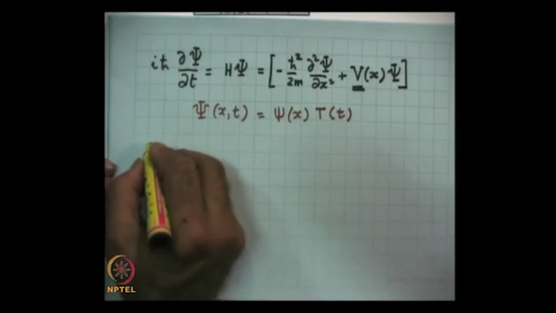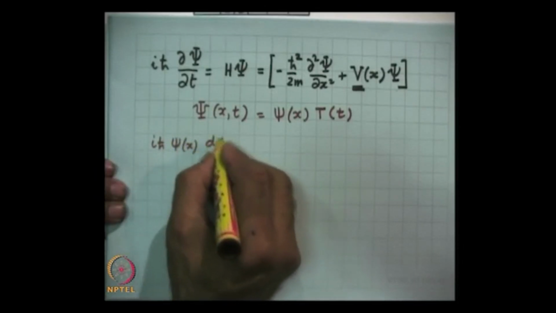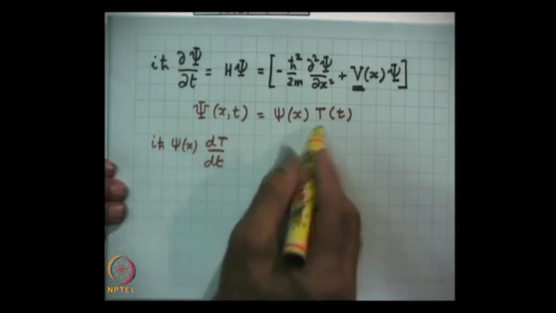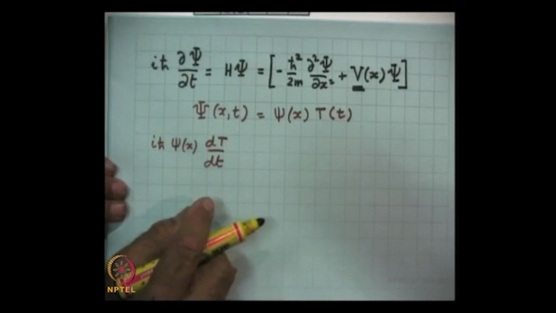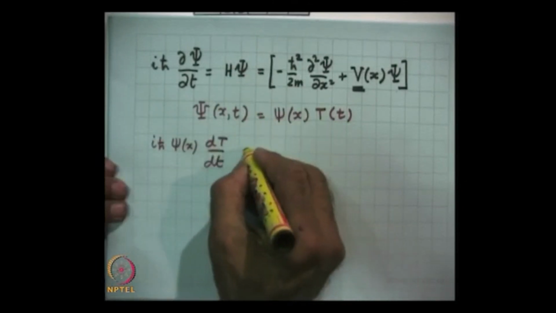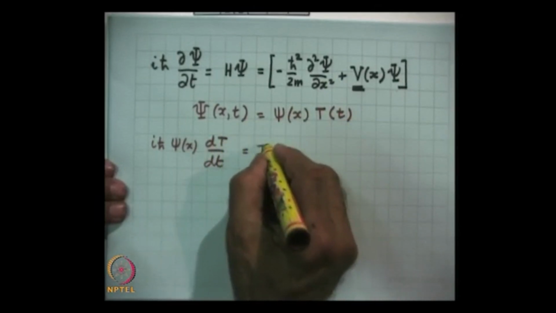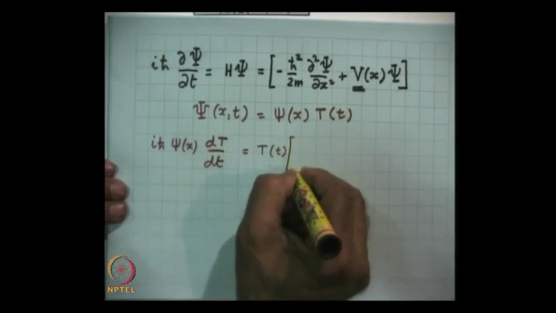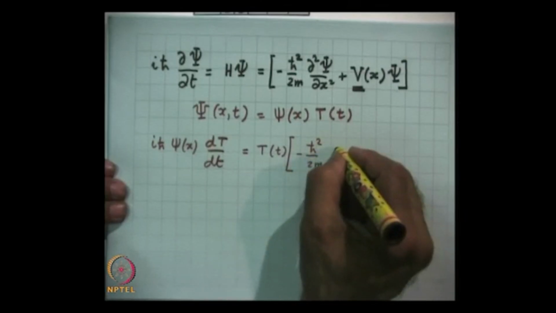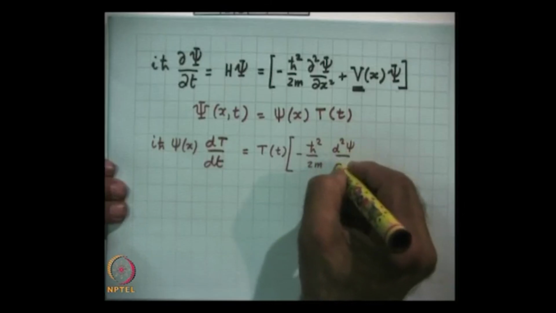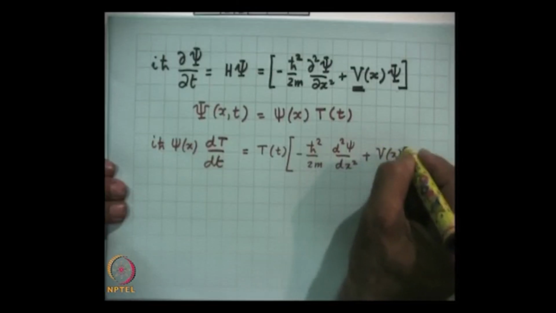So, this term will become i h cross psi of x into dT by dt, because this is known as the method of separation of variables, and the right hand side becomes T of t times minus h cross square by 2 m d2 psi by dx square plus V of x into psi of x.